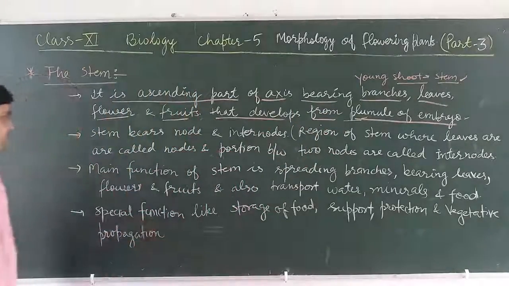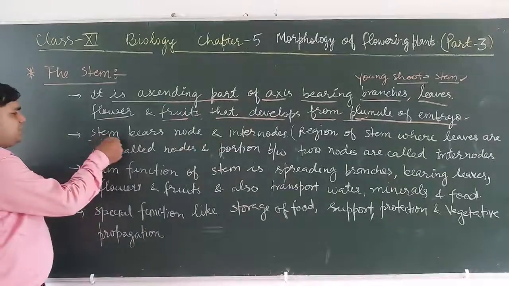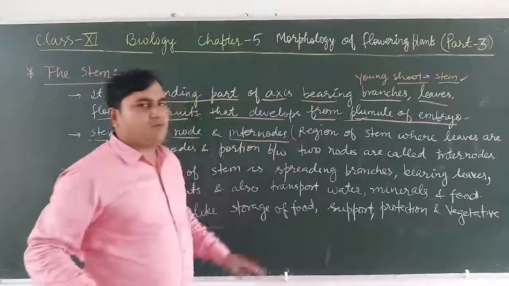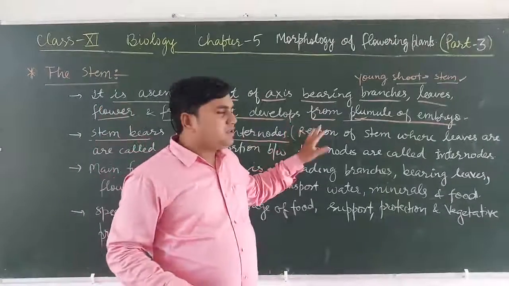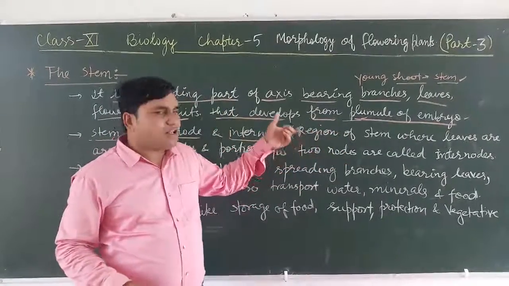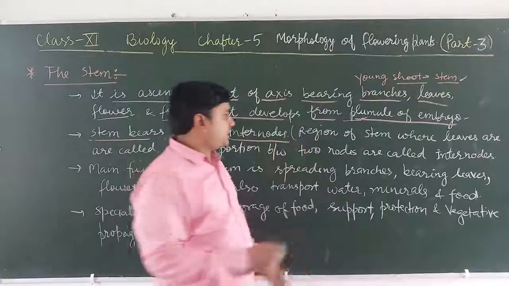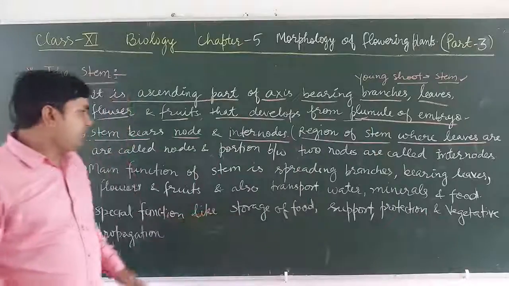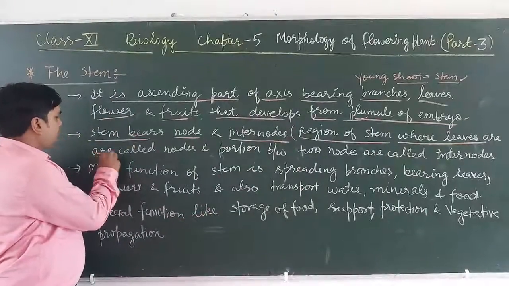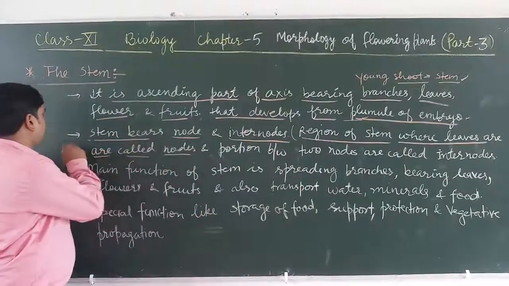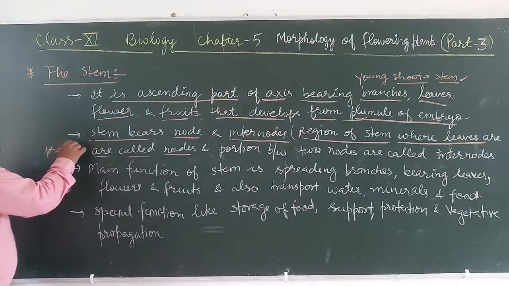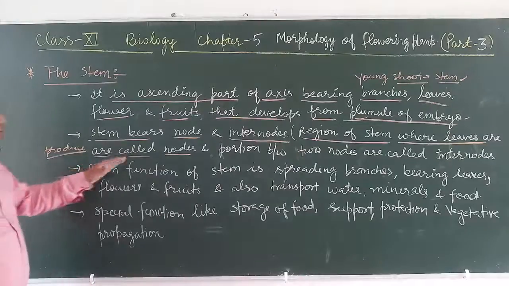Next point. Simply we can say stems bear nodes and internodes. What are node and internode? Here I mention on the board: the region of stem where leaves are produced is called a node, and the portion between two nodes is called an internode.